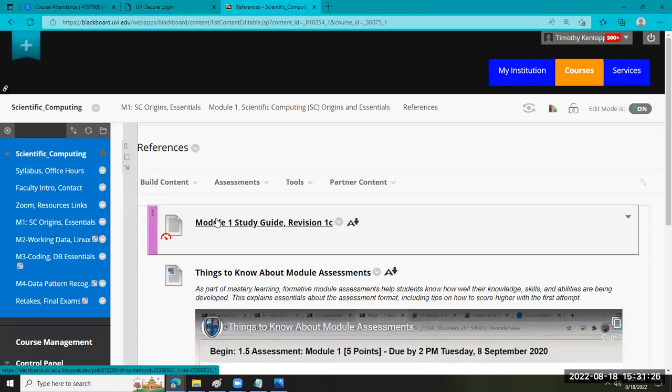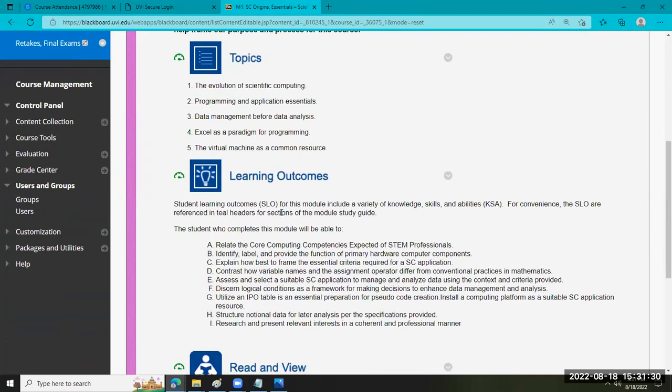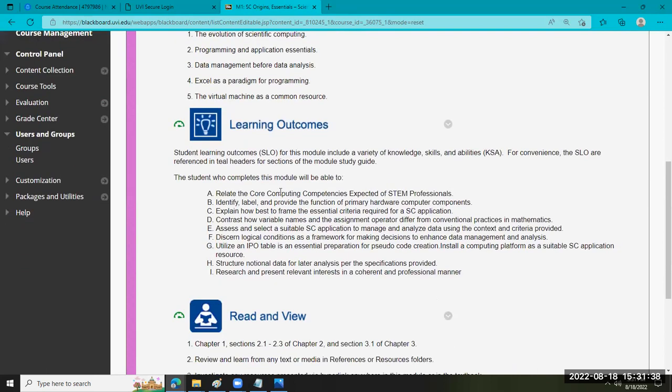What's important to understand is that every module is going to have a series of learning outcomes. This is something we covered on Tuesday. And essentially, there are a lot of misconceptions about scientific computing.